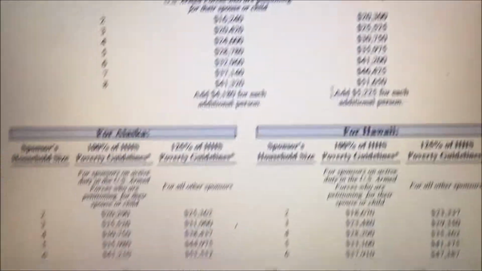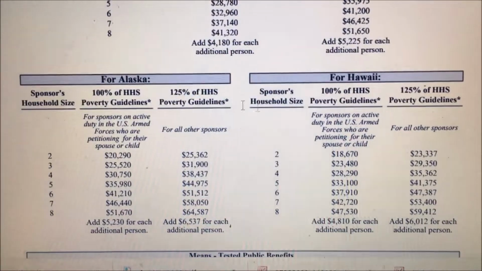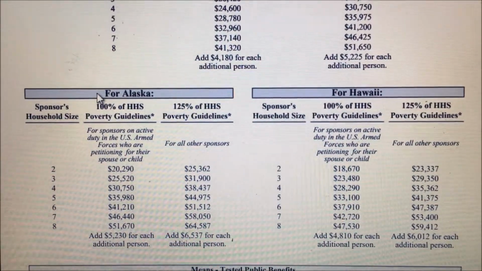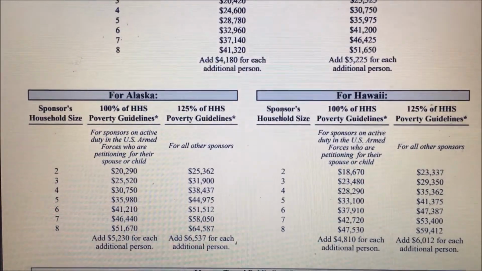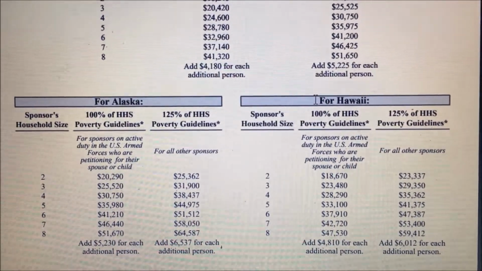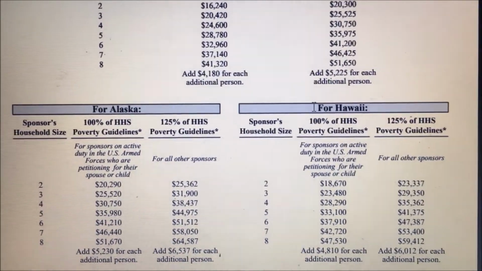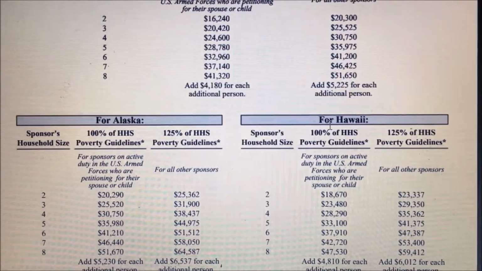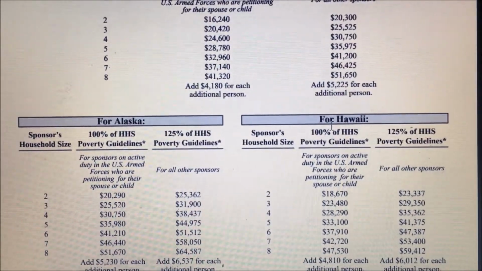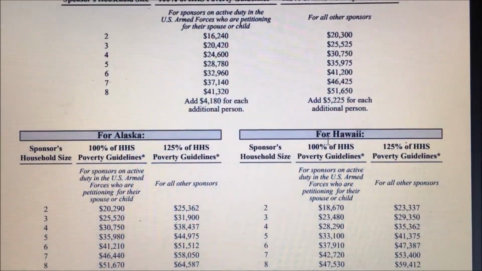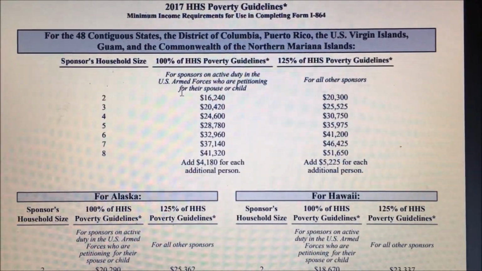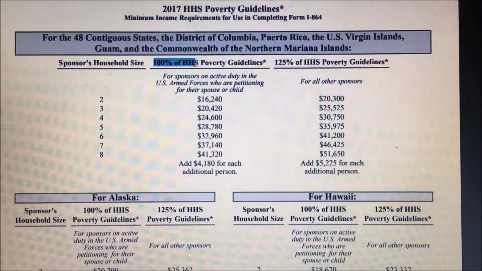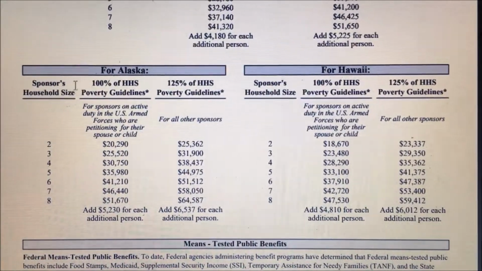And then it also has different poverty guidelines for Alaska and for Hawaii. For the I-129F K1 Fiancé Visa, when you apply for this, you need to meet the 100% minimum income requirement, so on this row, the 100% poverty guidelines.